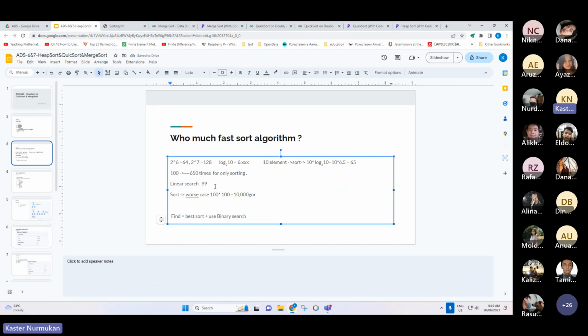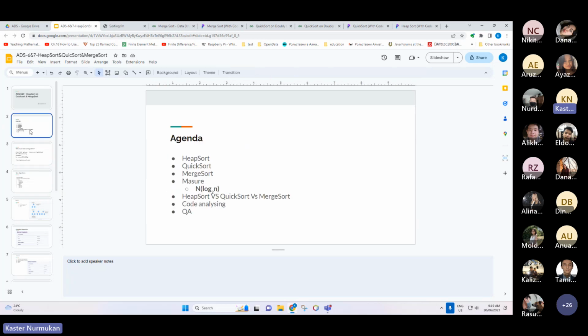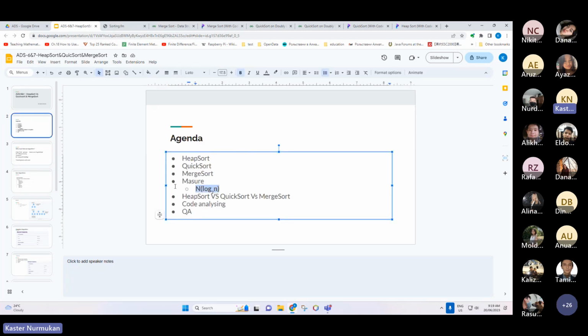My goal is to find something, right? Best sort. I want to use the best sort algorithm, one of the three. I can use MergeSort, I can use Quicksort, I can use Heapsort. That's the best algorithm because it always has n log n time performance.